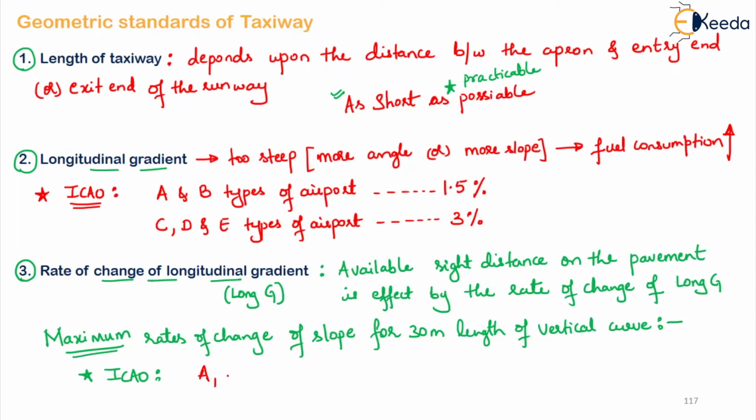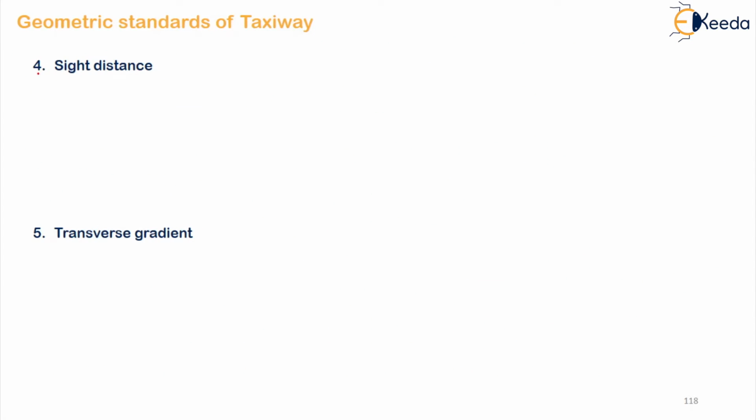For your airport type A, B and C, it is 1%, and for airport type D and E, it is 1.2%.